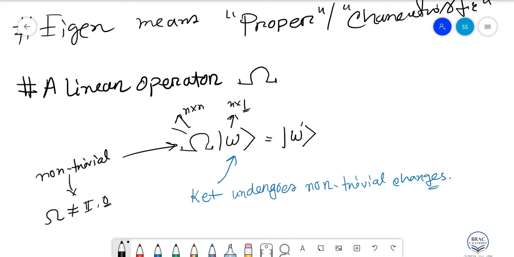Or omega can even be a differential operator, and this can be a function. This differential operator and function thing will come naturally when we take the vector space to have infinite dimensions. But for now, let's focus on the finite dimensional case.